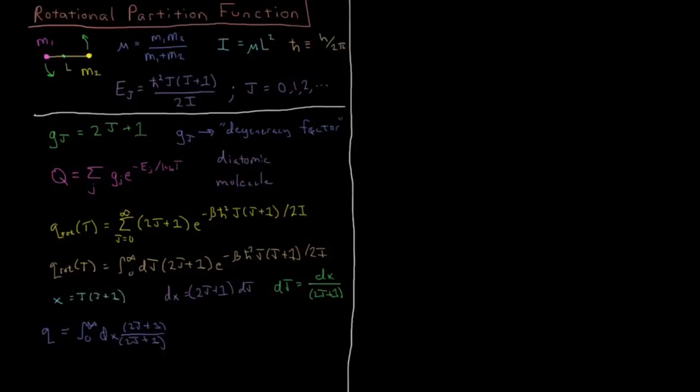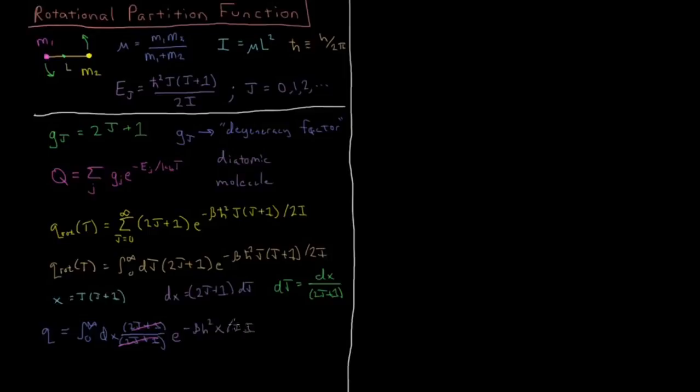So that nicely cancels out for us. So this prefactor here is going to be gone. And then we're just left with our exponential. We have e to the minus beta h bar squared j times j plus 1, which is just equal to x, over 2I.